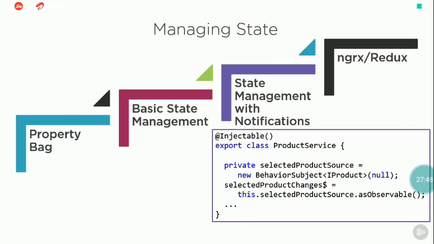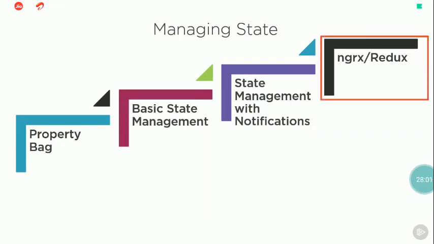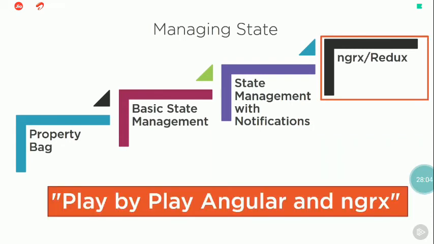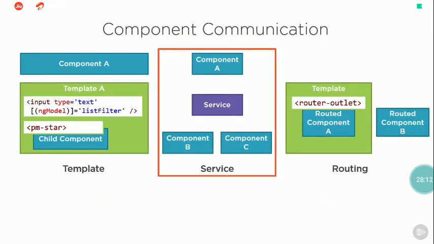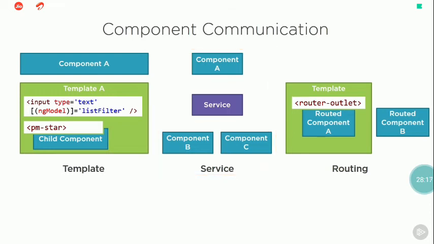In this module, we added notifications to our state management service, but we could have added them to any service. Our components can then subscribe to these notifications and react as needed. If you are interested in taking the complexity up further, check out the Play-by-Play Angular and NgRx course in the Pluralsight library. With that, we are finished using services as an intermediary for communication between our components. Up next, let's look at routing.